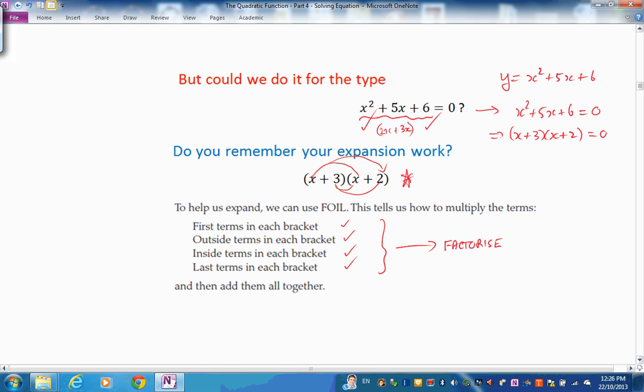So putting it equal to 0 implies that equals 0, which implies by the null factor law either that is 0 or this is 0. I think we've done it. So this means x is negative 3 or x is negative 2. Hey, how powerful is that?